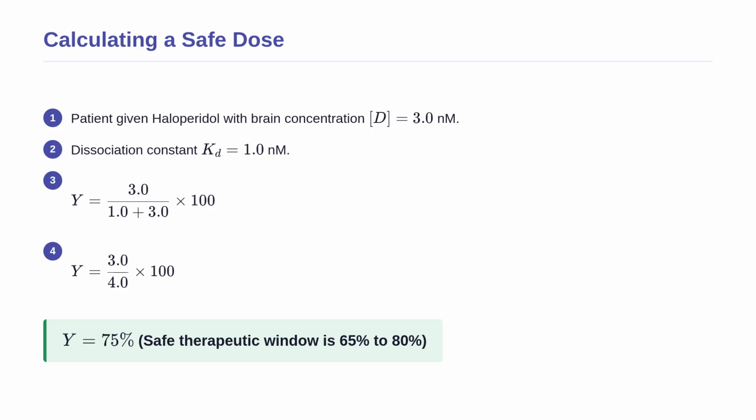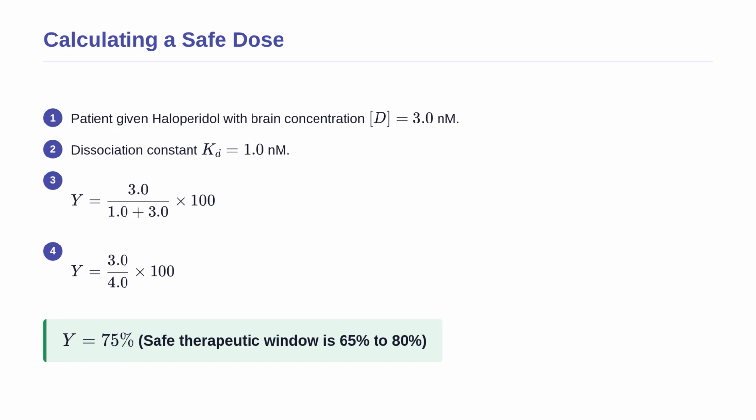Before we move on, let us see this formula in action with a concrete clinical example. A patient experiencing severe hallucinations is given haloperidol, resulting in a brain tissue concentration of 3.0 nanomolar. The dissociation constant for this drug is exactly 1.0 nanomolar. We need to calculate the receptor occupancy to see if it falls within the safe window of 65 to 80%.